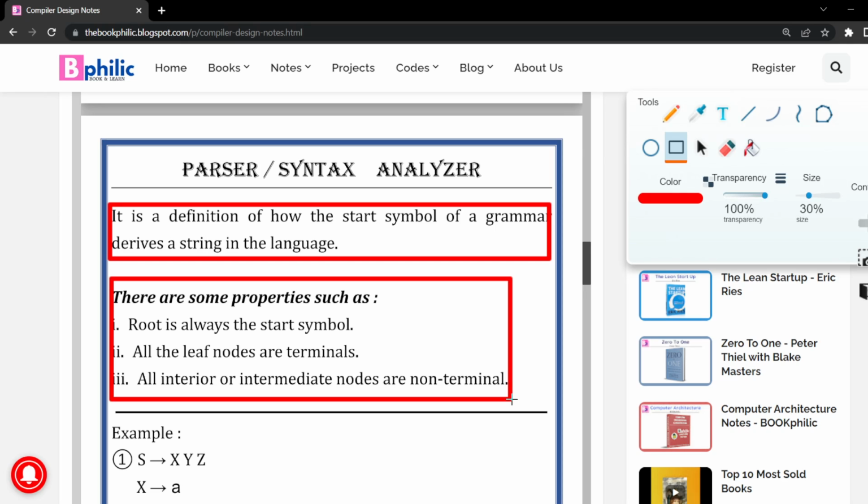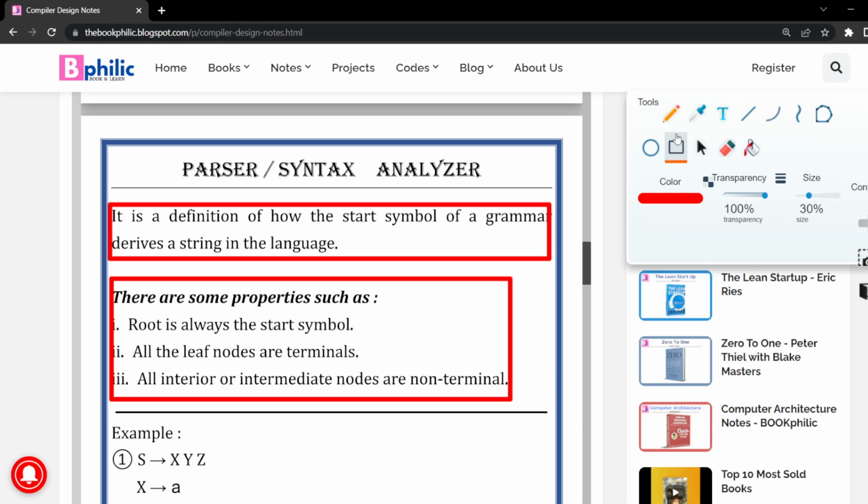Whenever you have watched a tree, whether it is a tree of mango or strawberries, whatever it is, you might have noticed that a tree starts growing from its root and ends in its leaf. So whenever a tree is mentioned, you have to understand that the tree will start growing from its root and end in its leaf.